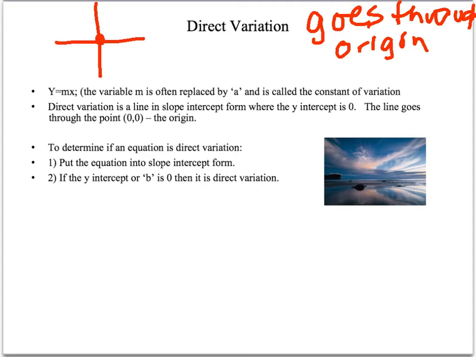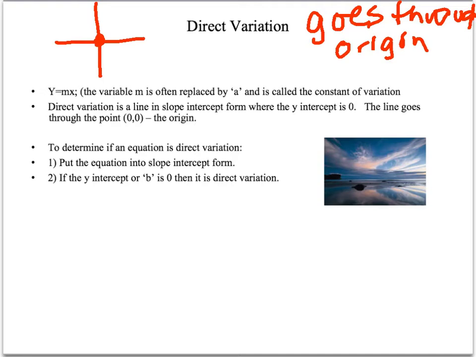The origin is right there. Okay, so y equals mx. This is the form of direct variation. The variable m is often replaced by the letter a, and it's called the constant of variation. So direct variation is a line in slope-intercept form where the y-intercept is 0, and the line goes through the point (0, 0), also known as the origin.